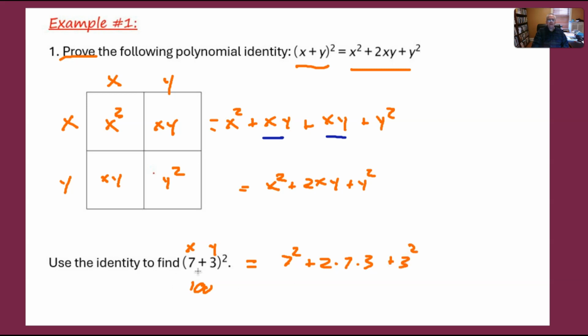So all I did is substitute 7 for x and 3 for y into the right side here. And we get 49 plus, that's 14 times 3 is 42, plus 3 squared is 9, and sure enough, that equals 100. This is true for any values of the variable. We are just using the values 7 and 3.